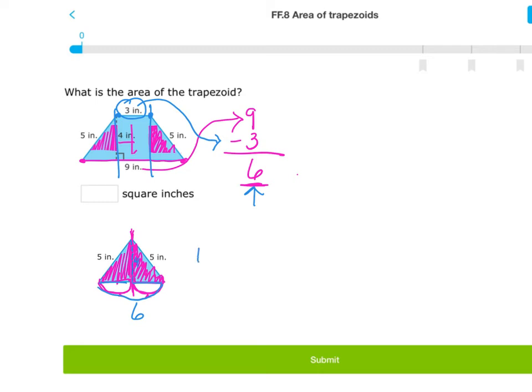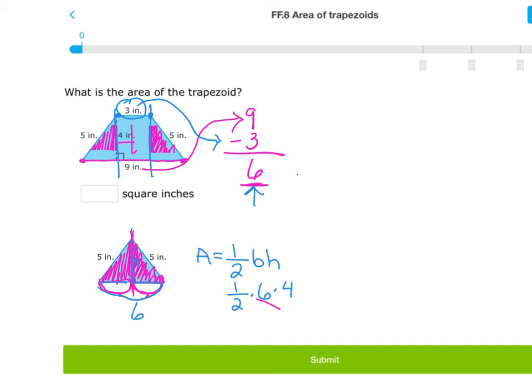Now I need the area formula for this triangle. It's 1/2 base times height. Now go ahead and substitute in: the base is 6, the height is 4. Now I go ahead and multiply, and I can choose whether I want to take half of 6 first, which is 3, and multiply that by 4 and get 12, or multiply 6 by 4 first and then divide by 2 and get that result.